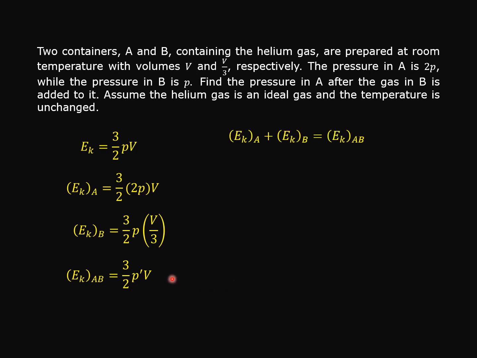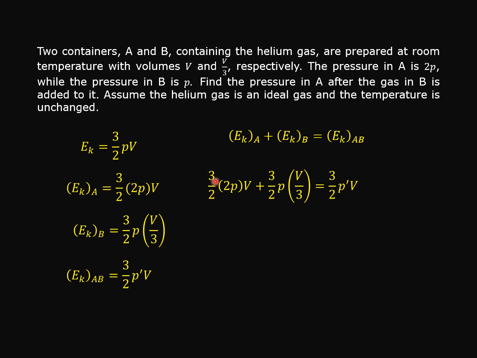The total translational kinetic energy in the container A, this term, should be equal to the summation of the total translational kinetic energy in the container A plus the total translational kinetic energy in the container B. So that means the gas in B after being added to A, the summation of the total kinetic energy in both containers will be equal to the new total translational kinetic energy in the container A. Now we substitute the three terms at the right hand side of these three equations into this equation.